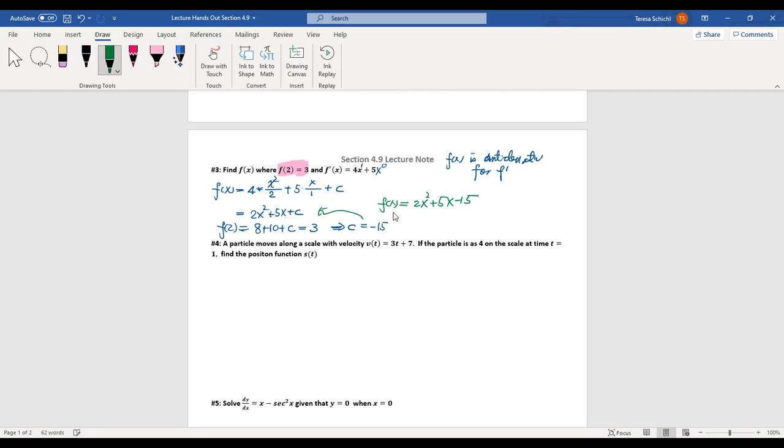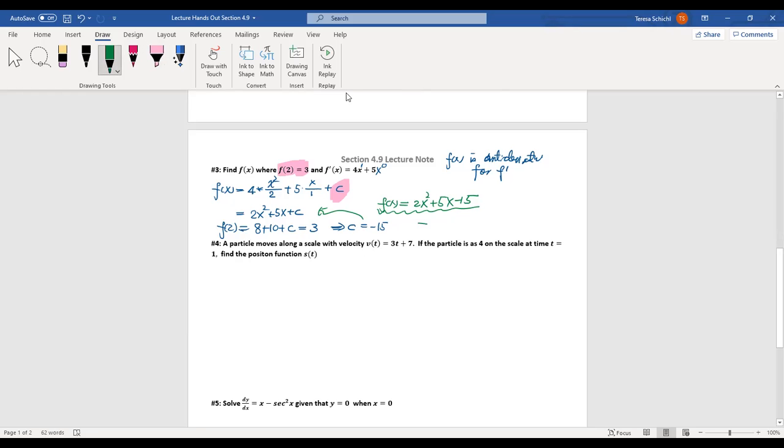So for this situation, your c is defined, it's negative 15. It's not just any general typical value, c is defined, okay?